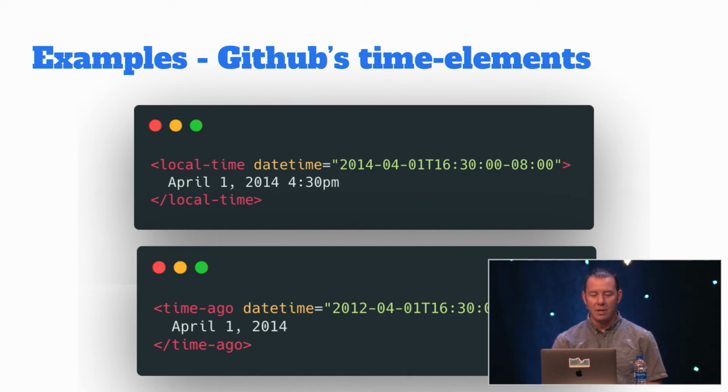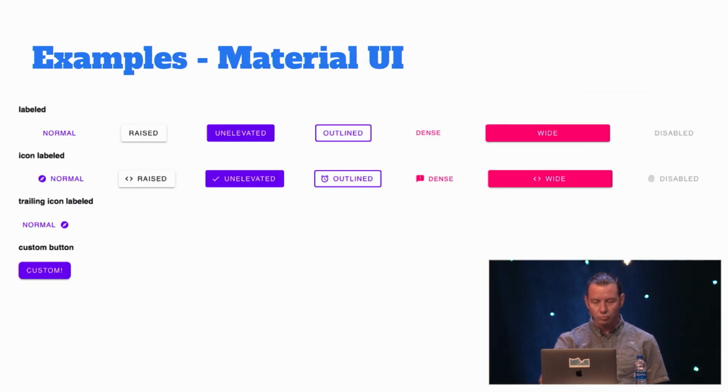These are some time elements that they have. These are open source and deal with common stuff you do with dates. This is showing a local time from a date stamp, and then you also have the time ago. You can see how these can be pretty helpful in changing how you display dates and time.